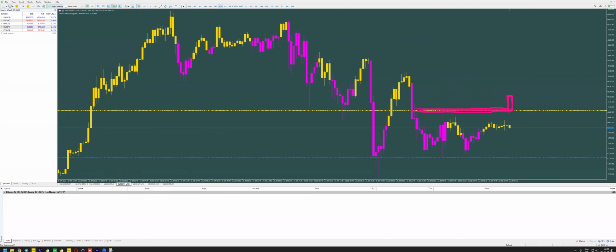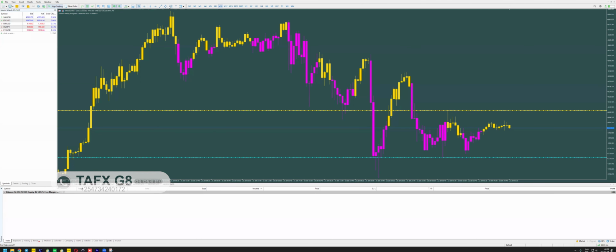And I told you that it is not just a resistance. This stands for support and resistance, yes. And also at the same time, it stands for supply and demand zone. This is why it draws here, so that if you want to draw your supply or demand zone, it will be easier for you.